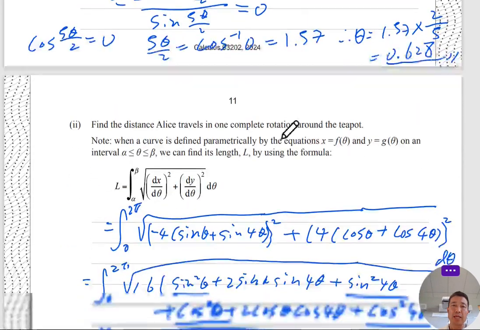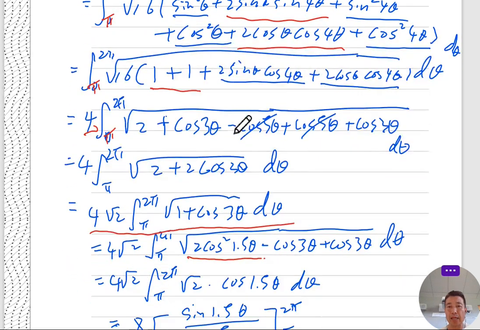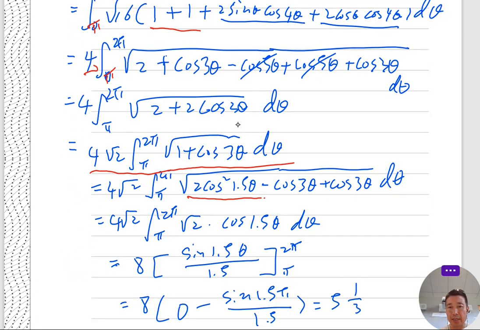So what I did here, I changed it to pi to 2 pi. When I do pi to 2 pi, I get 5 and 1/3, right? It's positive.